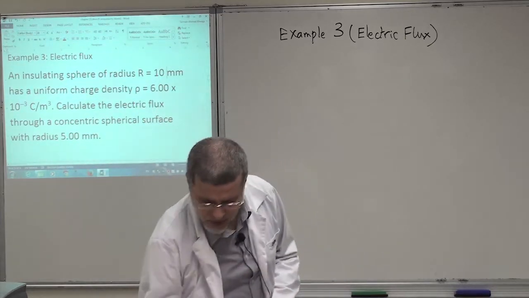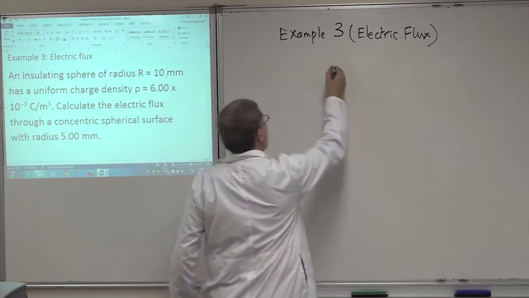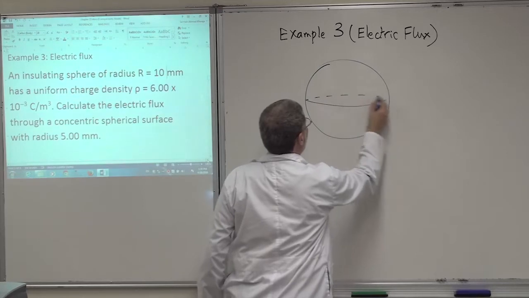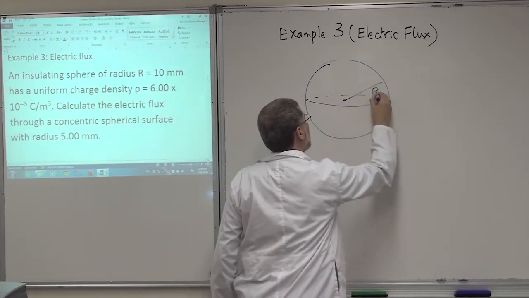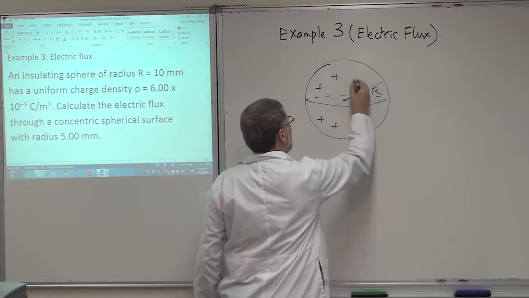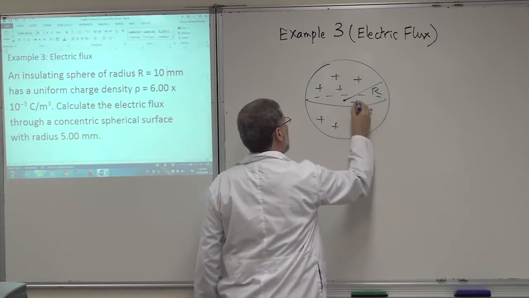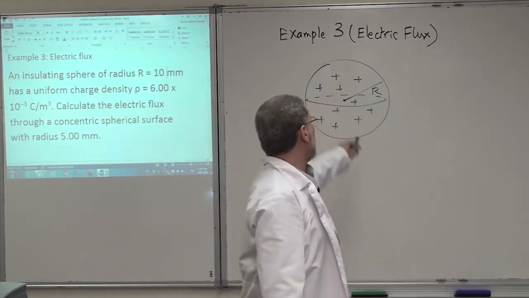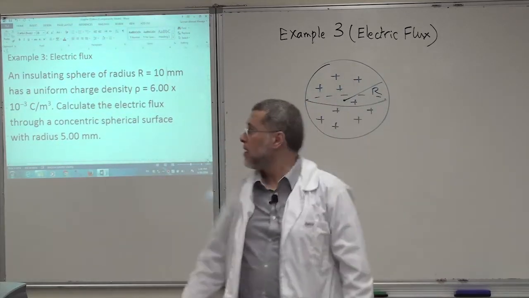But let's draw this sphere first of all. Okay, that's the sphere, here it is, of radius r, and the charge is embedded everywhere because it's non-conducting. So the difference between conducting and non-conducting: for the non-conducting, the charge is distributed uniformly everywhere.